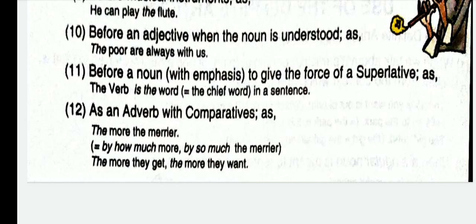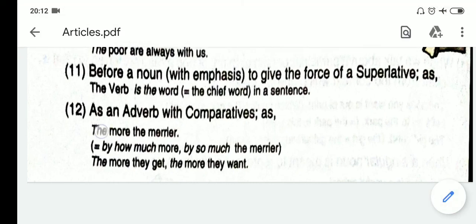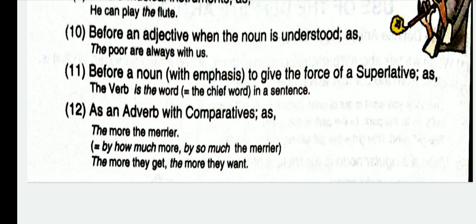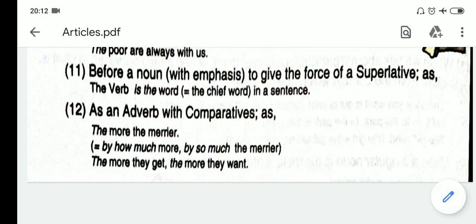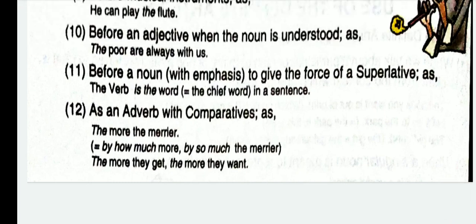These are comparative degrees, more. And article the is used as an adverb. The more they get, the more they want. The higher you go, the cooler it is. So in the case of comparatives as well, we use article the as an adverb. So this is the use of indefinite articles and definite articles. That's it for now.